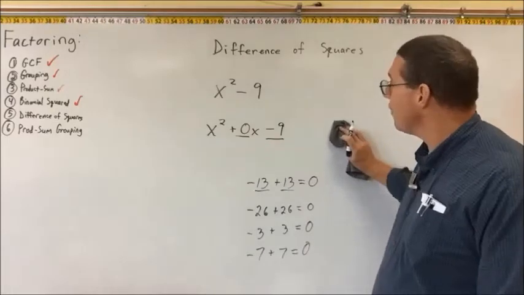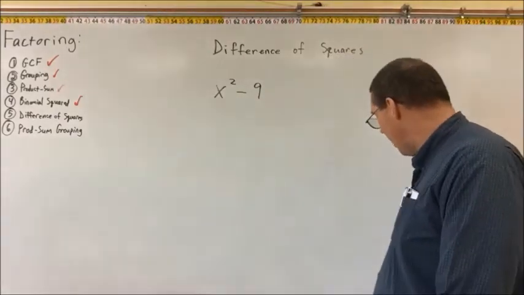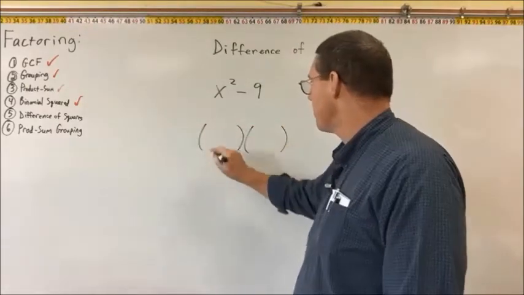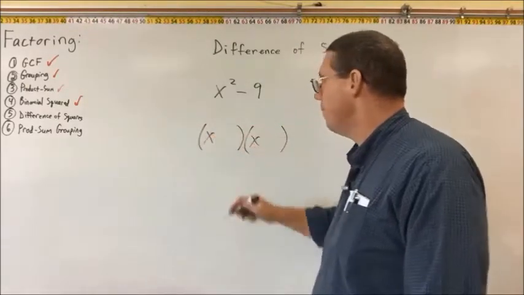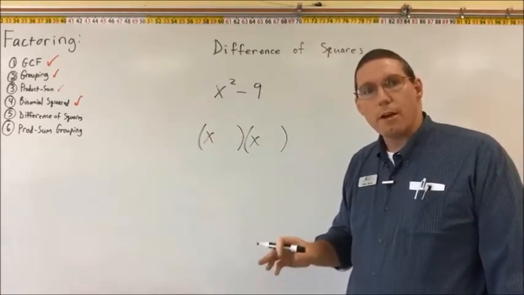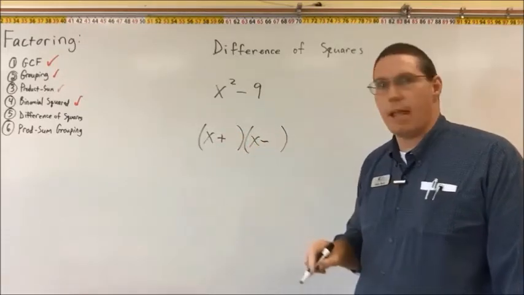So what we have here with this difference of squares is a situation where, again, we're going to have our double parentheses, with an x at the front of each one. It has to be two numbers that are the same, but one of them is positive and one of them is negative.